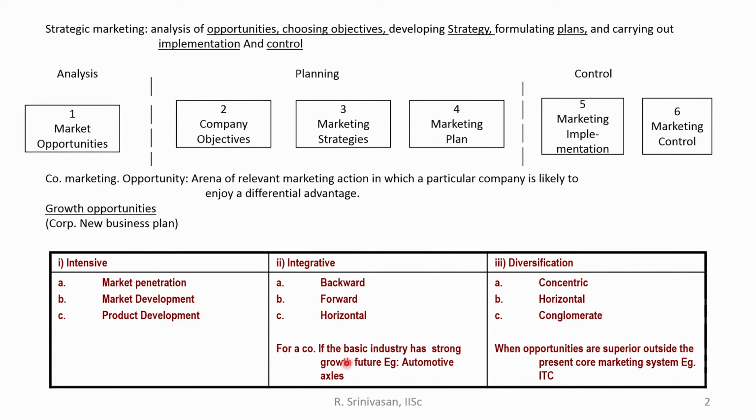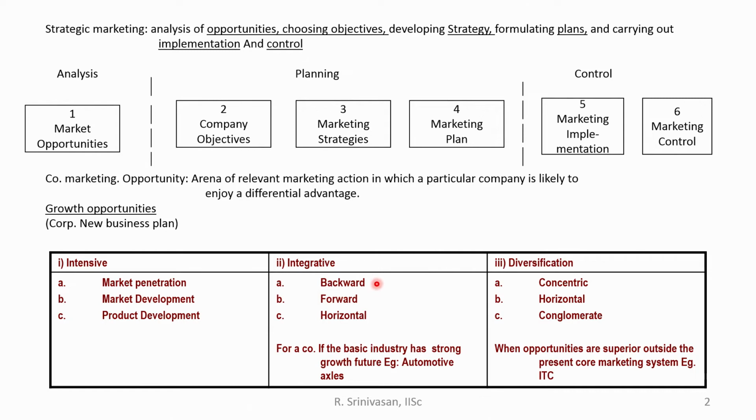So, if the basic industry has got a very strong growth future, then you can look at these three integrative growth opportunities. Automotive Axles has to keep up its orders to a company like TVS. It cannot afford to default on its delivery schedules. These delivery schedules are affected by the supply line.